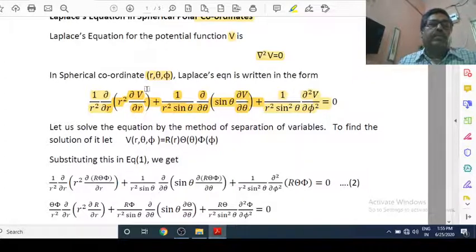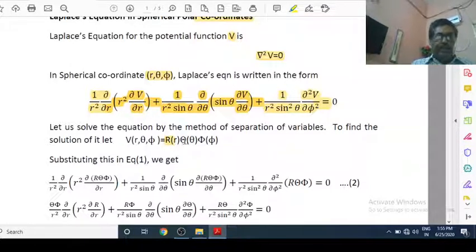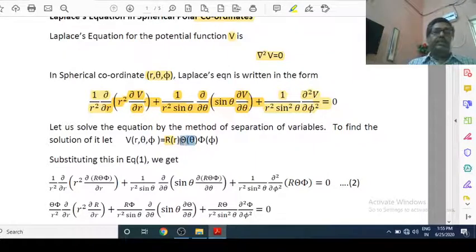So we assume that this V, the potential function, is a function of r, theta, phi. For the solution, we suppose that R is a function of r only. Here you can say R capital, Theta capital. Theta is a function of theta only, and Phi is a function of phi only.